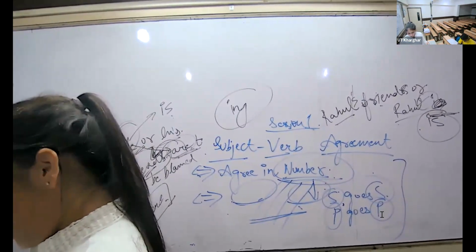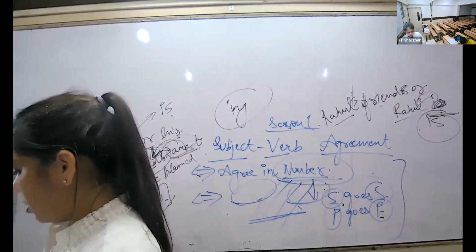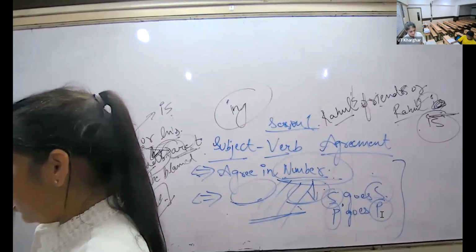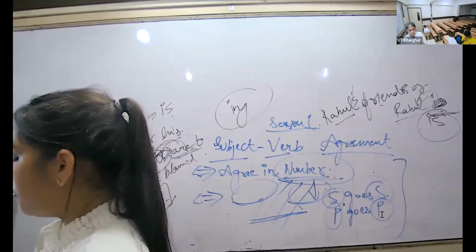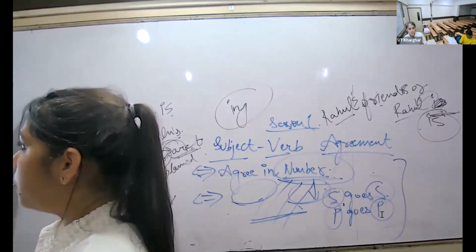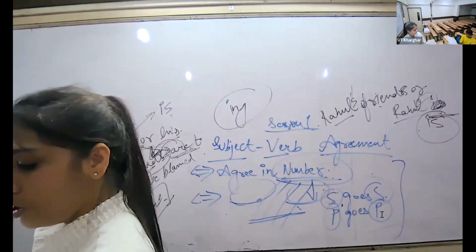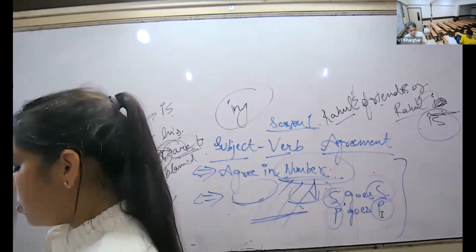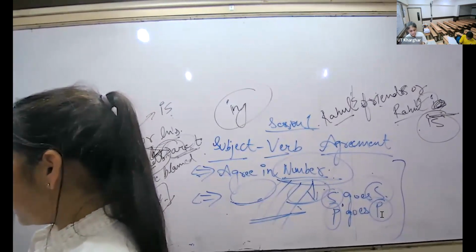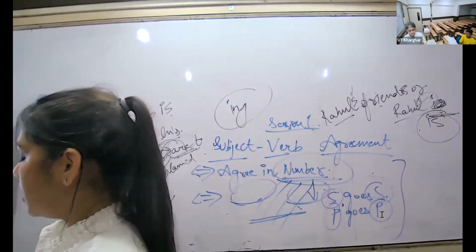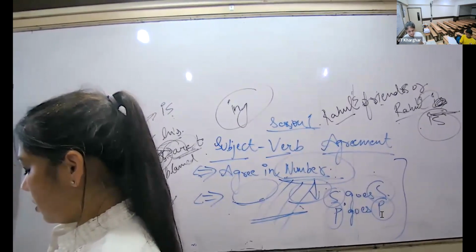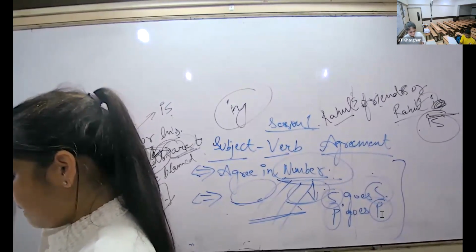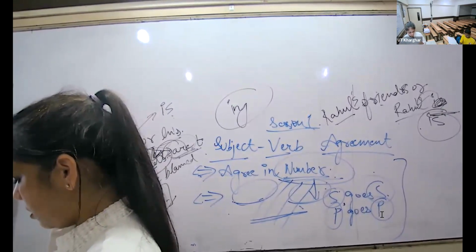Now come to page number 83. First bullet point: when two or more singular subjects are joined by "and", they take a plural form of the verb. Number 2. Number 3: when two nouns or pronouns are joined by expressions like "with", "as well as", "along with" and "besides", the verb agrees with the first subject.